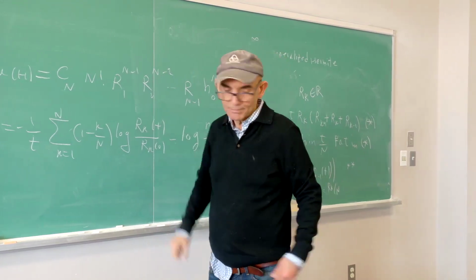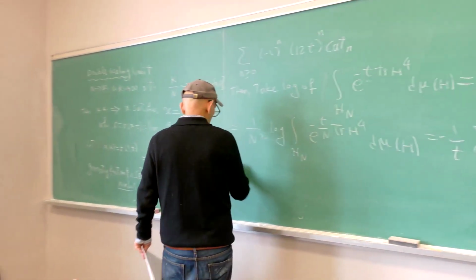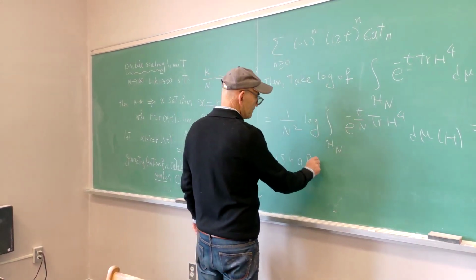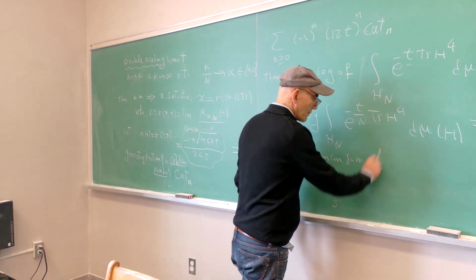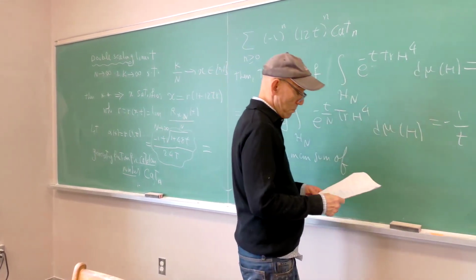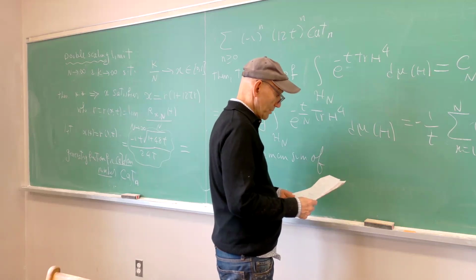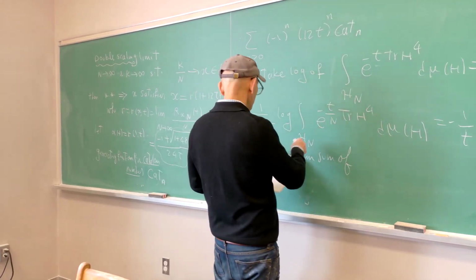This is the Riemann sum for the whole right hand side, and this we call the left hand side.